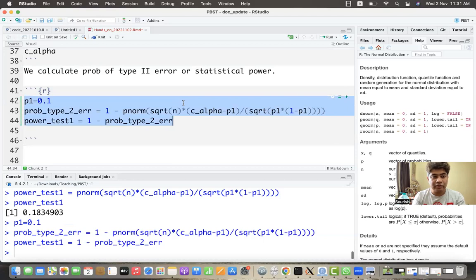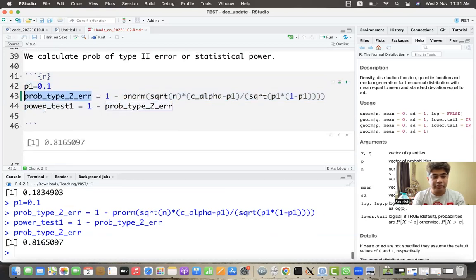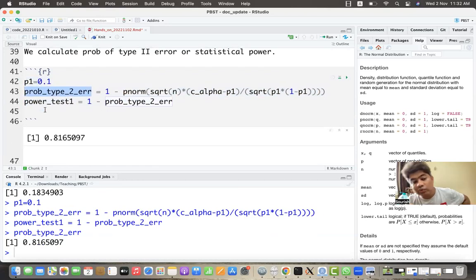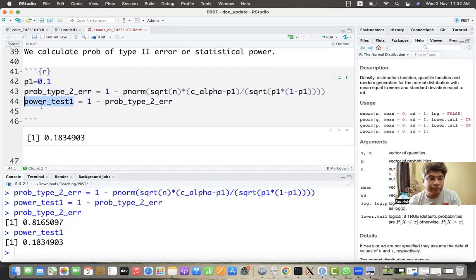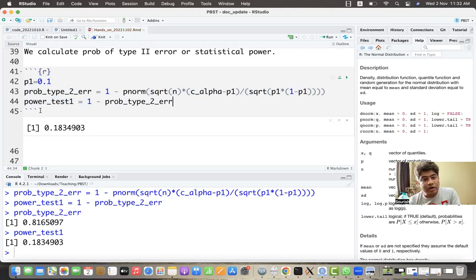It will be consistent with the definition. So this is the type 2 error. Type 2 error is 82%, very high, and power of the test is very low. So this is test 1.